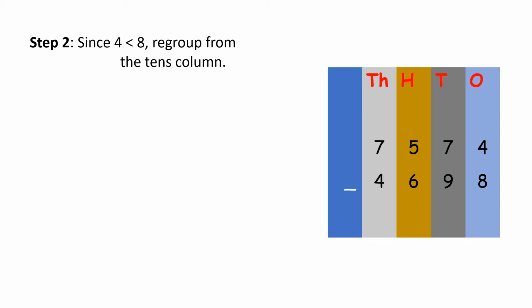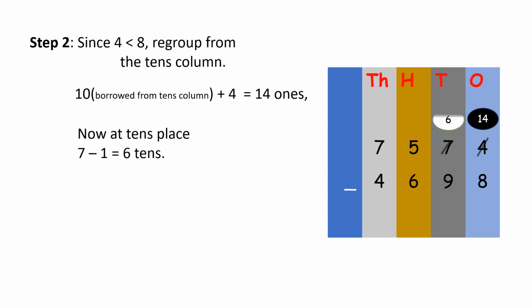So from there 7 tens we are taking 1 ten and we are giving that 10 to the 4 ones. So in the ones place the 4 will change into 14, and in the next nearby tens place digit the 7 will be reduced to 6 tens.